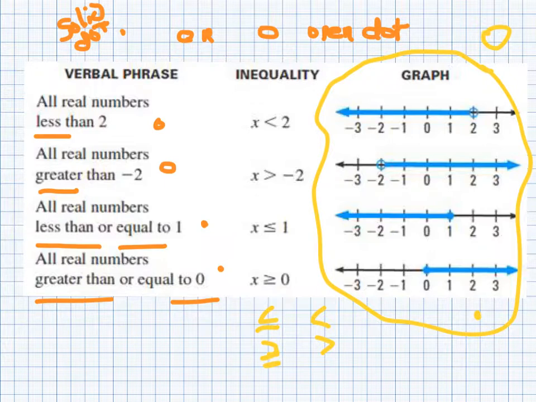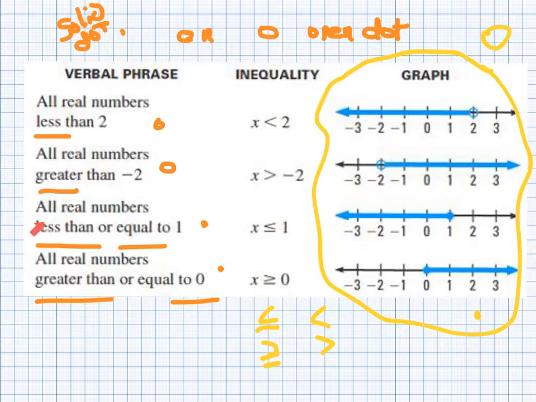If we look up here, a verbal phrase would be all real numbers less than 2, and we would say x is less than 2, and show it with an open circle at 2 and all the real numbers that are less than 2. Here we have all real numbers greater than negative 2, x is greater than negative 2, so we have an open circle on negative 2 and the solution includes all the real numbers greater than negative 2.